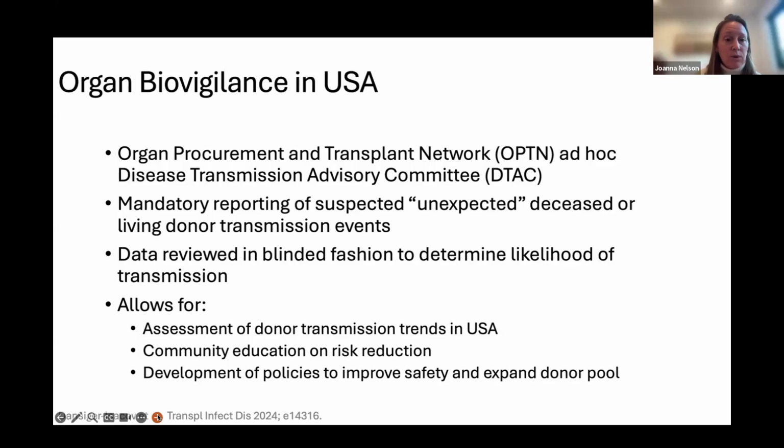And the DTAC will take this data and review it in a blinded fashion to determine the likelihood of transmission to the recipient. And using this comprehensive data, this allows for accurate assessment of donor transmission trends in the US, also community education on risk reduction, as well as, importantly, development of policies to both improve safety for recipients as well as safely expand the donor pool.